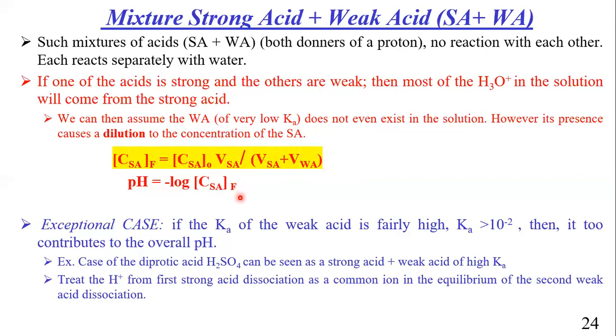There is an exceptional case, and actually the only case is really H2SO4, where the Ka of the second acid is fairly high, something like 10 to the minus 2, and that is when I have to consider both the strong and the weak acid in my calculation of H3O+ in solution.